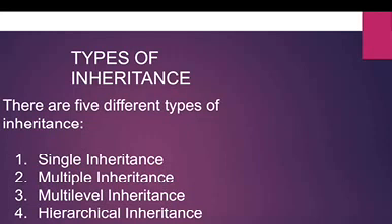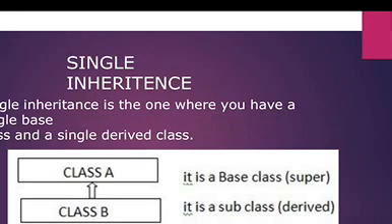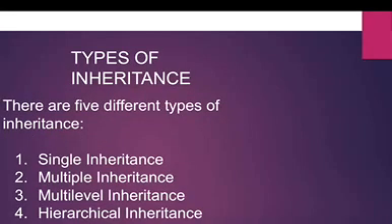The types of inheritance are single inheritance, multiple inheritance, multilevel inheritance, hierarchical inheritance and hybrid inheritance. The capability of a class to derive properties and characteristics from another class is generally called inheritance.